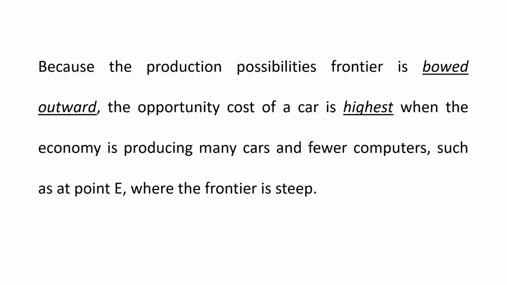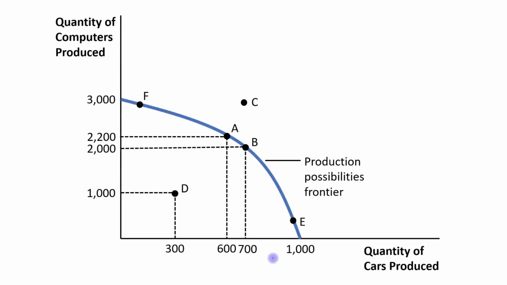Because the PPF is bowed outward, the opportunity cost of a car is highest when the economy is producing many cars and fewer computers, such as at point E where the frontier is steep. So if we see this particular point, point E, at this point the frontier is steep, and the economy is producing many cars and fewer computers.